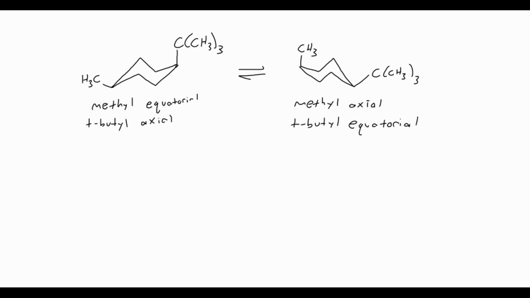So we want our T-butyl group to be equatorial in order to give us the most stable conformation. So this cyclohexane will prefer to be in this chair conformation instead of the other one, and if you measure the amounts, you probably see that it's a very large excess.